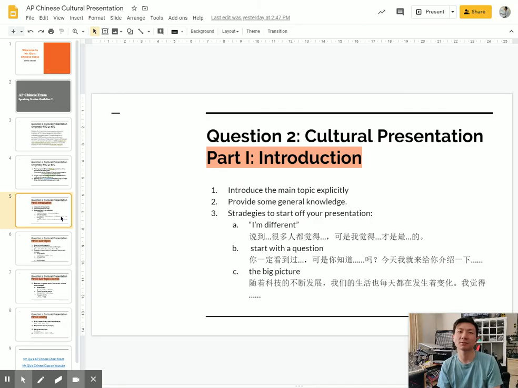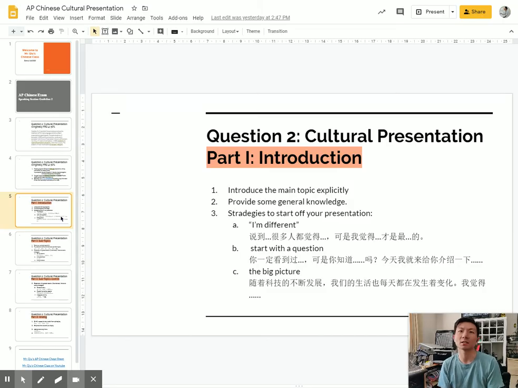I listed the three different strategies. Number one is I call that I am different. So again, start the sentence something like 说到 whatever your topic is，很多人都觉得 the popular opinion，可是我觉得 whatever your topic is 才是最重要的、最有价值的。So you're saying like, okay, everybody thinks that way, but I think, I have a different opinion.